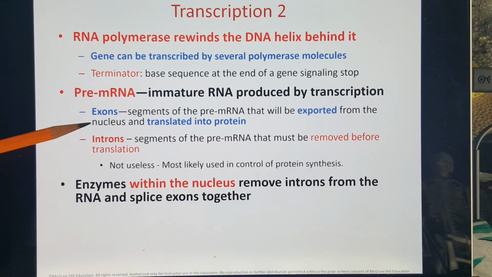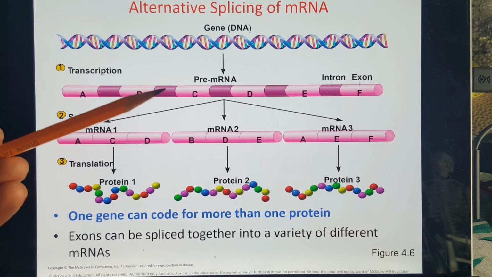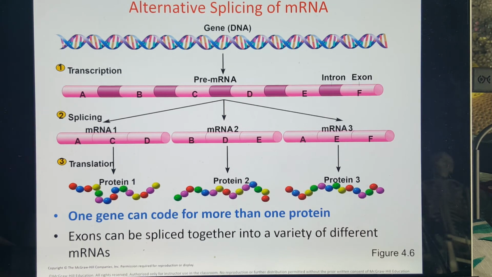You do have an initial mRNA that has some parts that are going to be translated and some parts that are not. Exons are going to be exited out and translated into a protein. Again, this is part of gene regulation, making sure you're making the correct proteins that you need. Introns are going to be removed, not translated into a protein. So we have our original gene, go through transcription, just copy everything, and then we can splice.